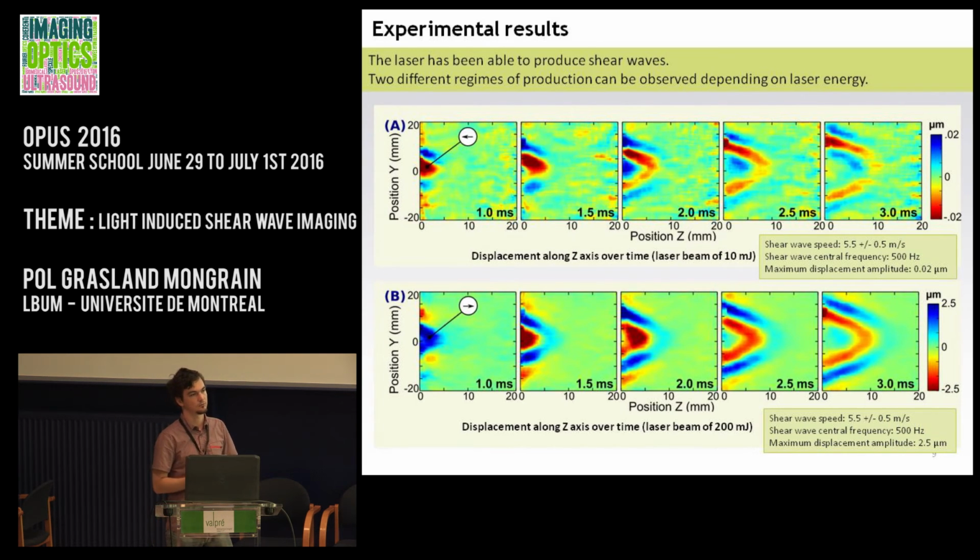I think you impose the wavelength by imposing the lateral size of the laser beam. If you would focus it, you would generate higher frequencies. Okay. I have tried with a focused laser, but I don't remember having seen any difference on the central frequency, but I have to take a closer look.